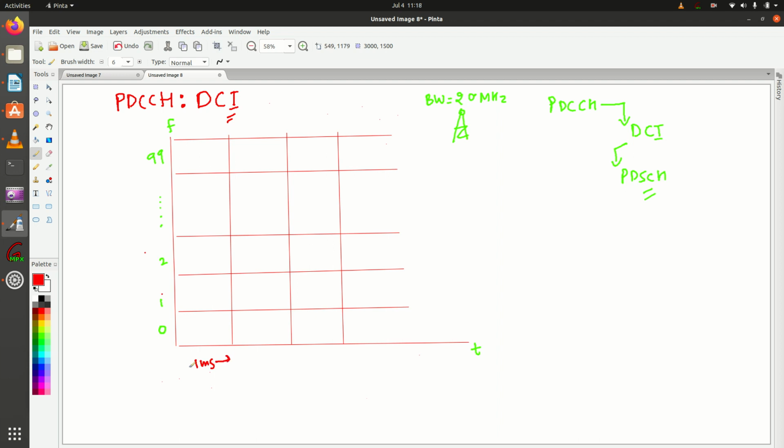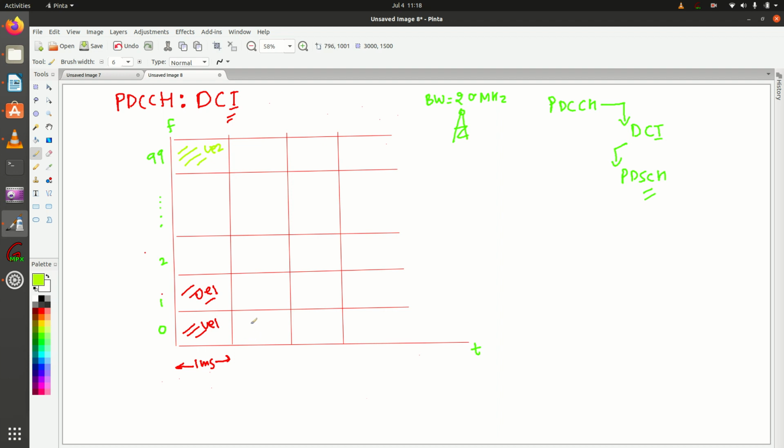Let's say in this first millisecond this resource block is allocated to UE1, this is also allocated to UE1, and the other resource block is allocated to UE2. Scheduling in LTE is performed every 1 millisecond on the basis of radio condition and other things.